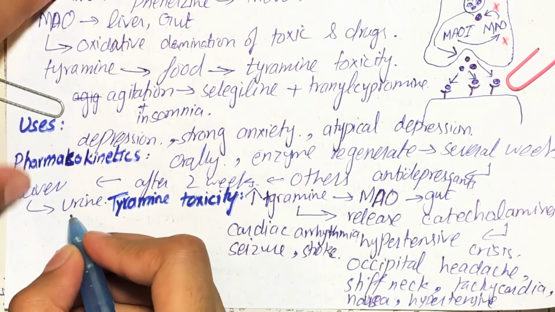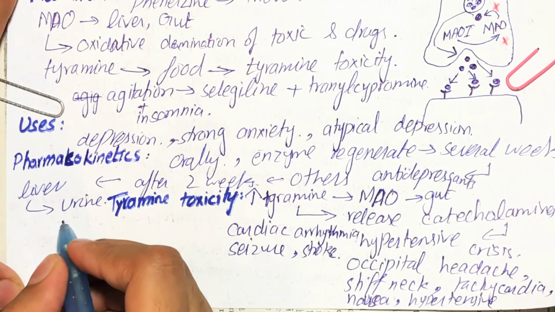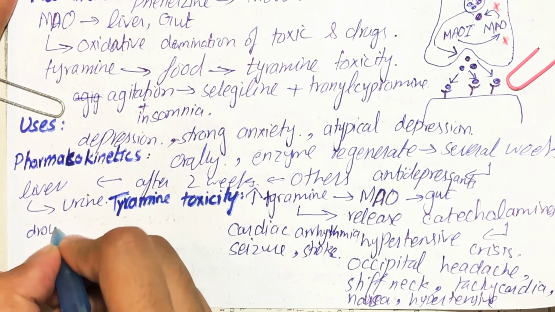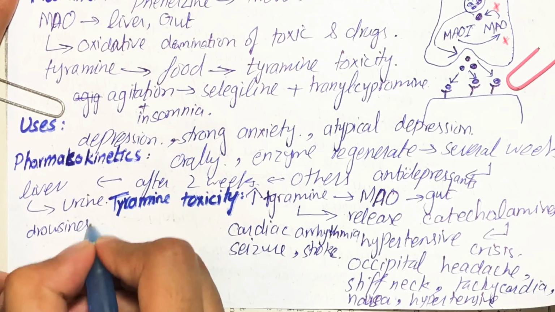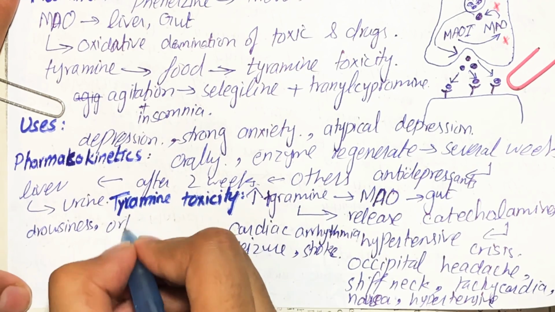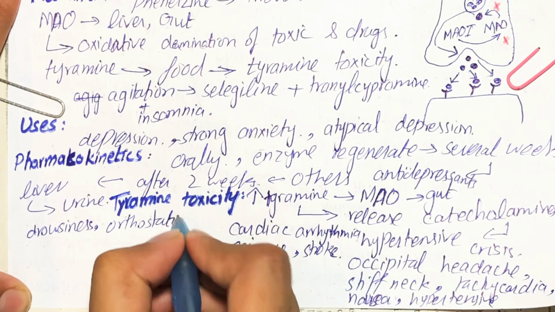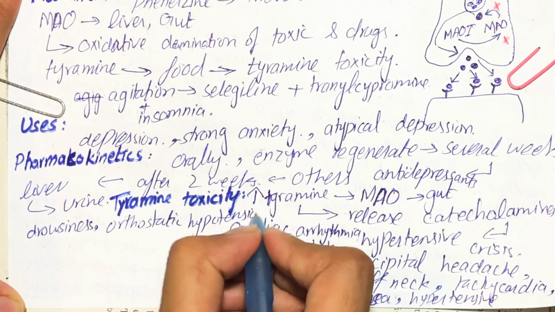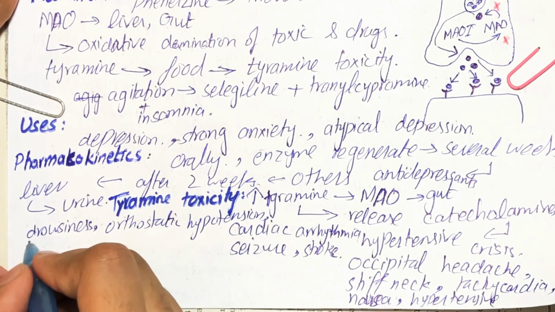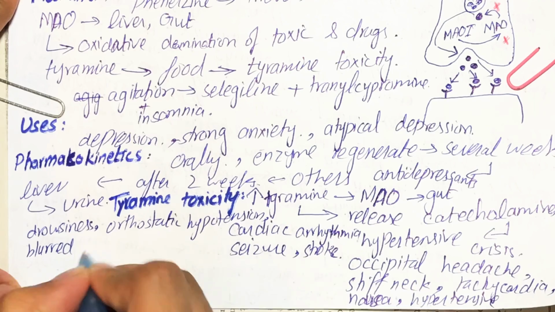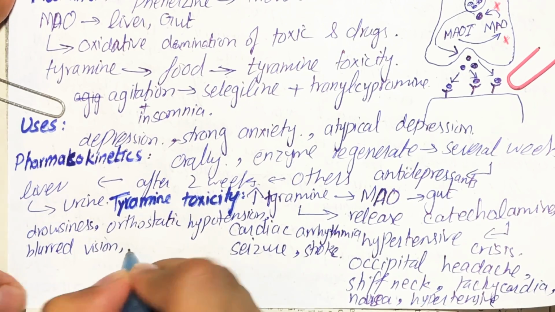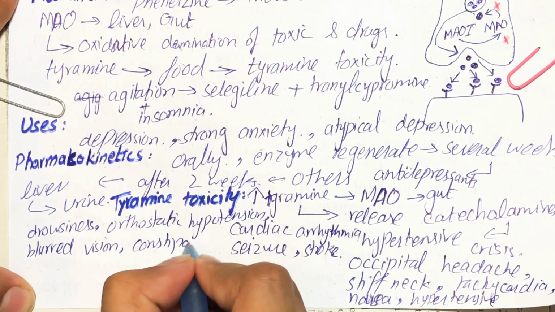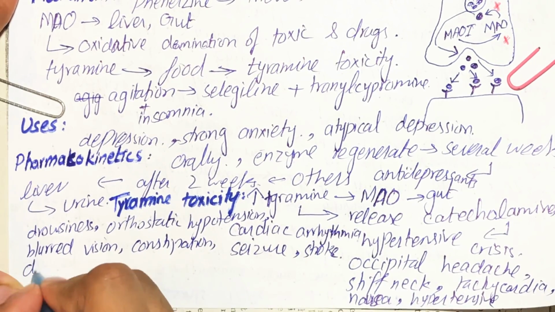Not only this, monoamine oxidase inhibitors can also cause different adverse effects like drowsiness, orthostatic hypotension, blurred vision, constipation, and dry mouth.